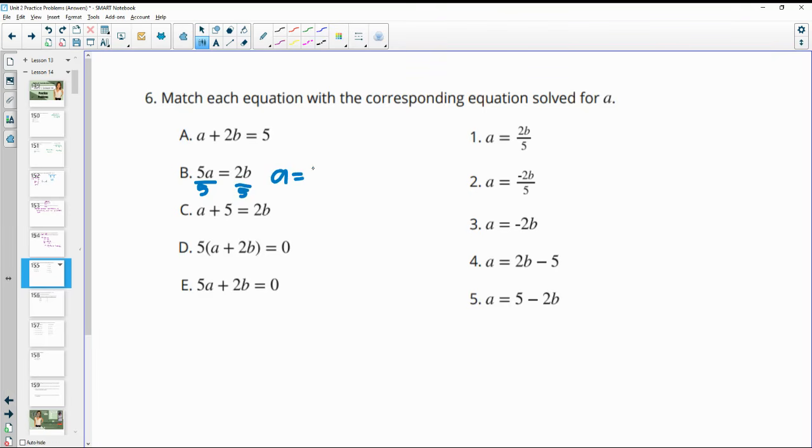So a is just going to be 2b divided by 5. So that's pretty quick. And we see that in number 1. So part B goes with number 1. So now we're done with this. C is pretty easy. We're just going to subtract 5 from both sides. So a is going to be 2b minus 5. So we can look for 2b minus 5, and we see that here in number 4. So C is going to be number 4.